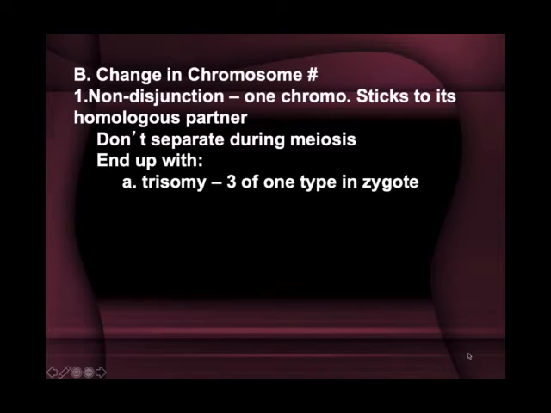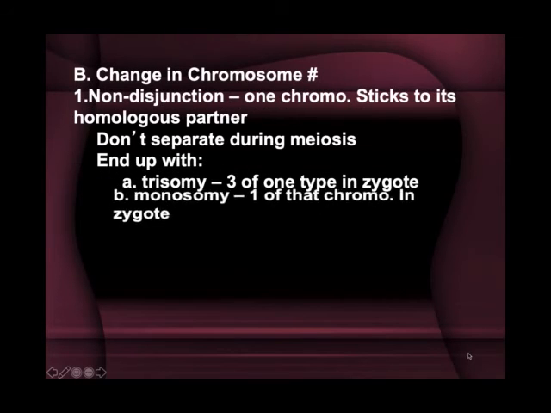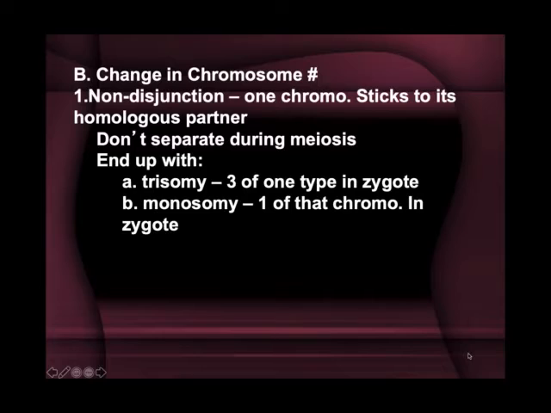This usually has pretty huge repercussions. Another situation could happen when an egg that's missing a chromosome altogether is fertilized by a sperm that has that chromosome, so now they only have one. That's called a monosomy.